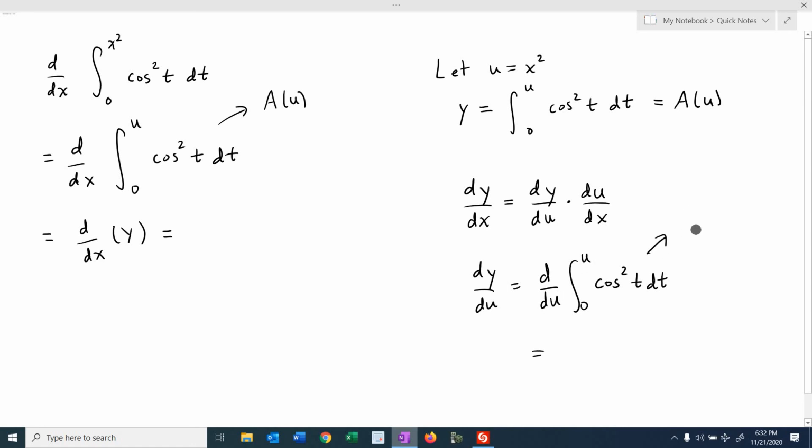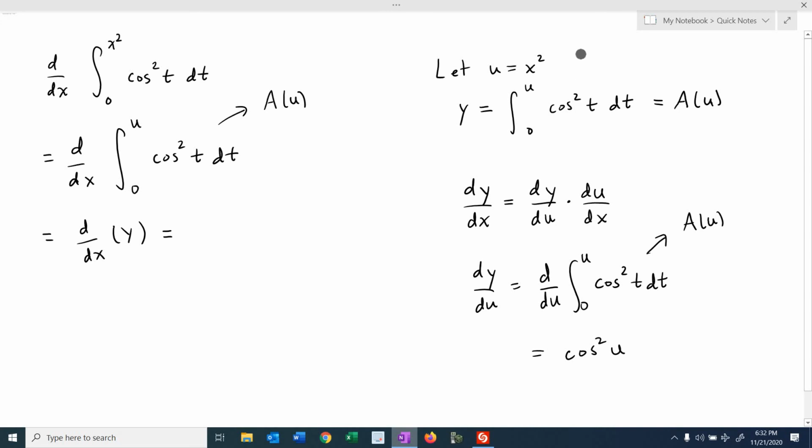This depends on u. Okay, and so the fundamental theorem of calculus tells us that we're going to end up with cosine squared of u. Okay, so that's our dy du.